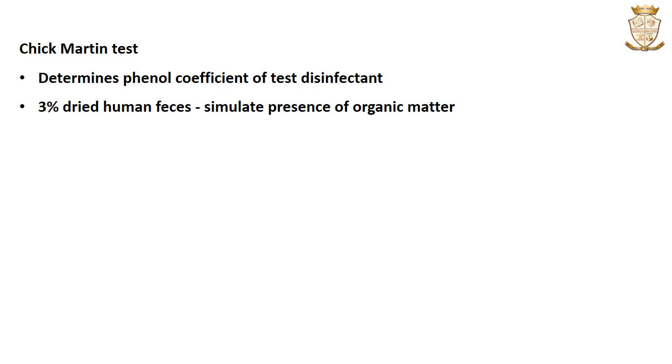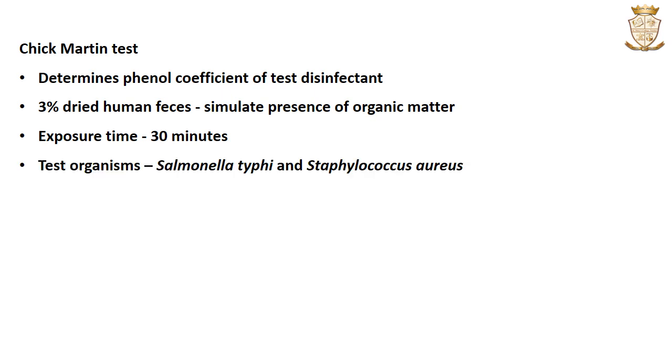So there is addition of organic material here, and the effectiveness of the disinfectant will be tested in the presence of this organic matter. And also the exposure time is fixed at 30 minutes. And the test organisms used are Salmonella typhi and Staphylococcus aureus. Both gram-positive and gram-negative organisms are used as test organisms here.